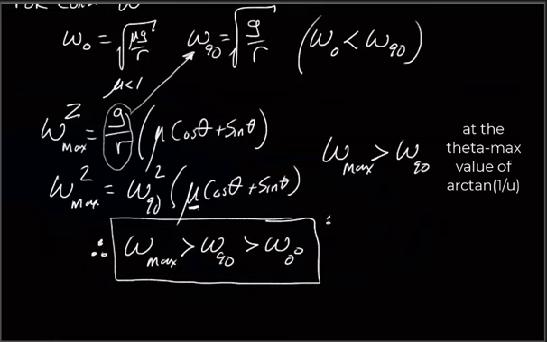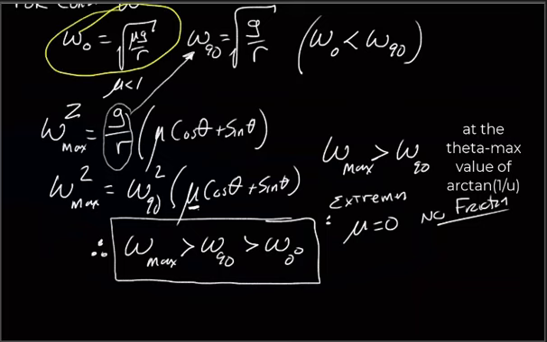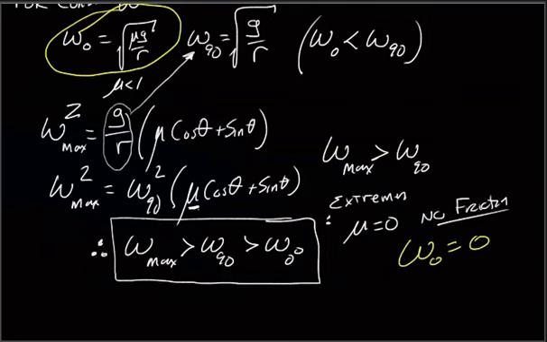Now we could look at the extremes. Mu equal to 0, no friction. If we have no friction, omega 0 will be 0. It slips right away, which makes sense. There's no friction at all. You try to move it and it's going to move.